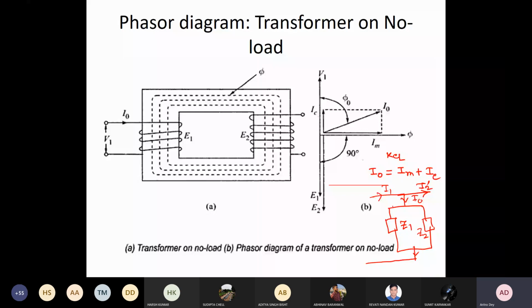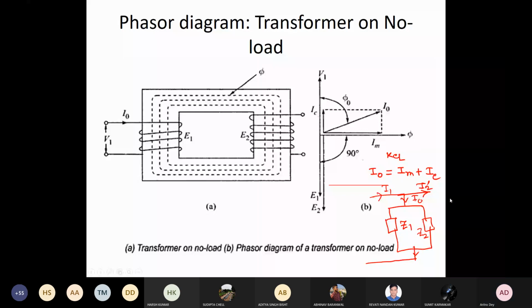And as your IM is purely inductive, so it is 90 degrees out of phase. So we can write reactance XM there, because your phi and Im should be in phase, and phi will be 90-degree lagging your V1, right? So that's why you put XM there.